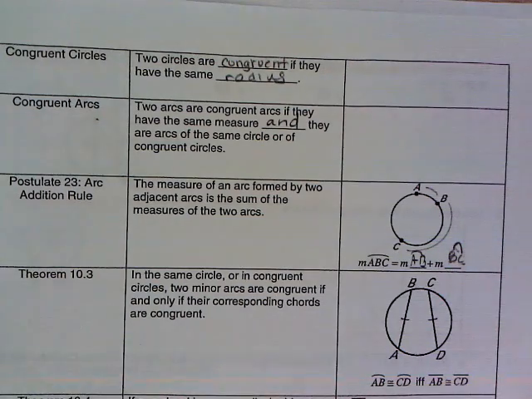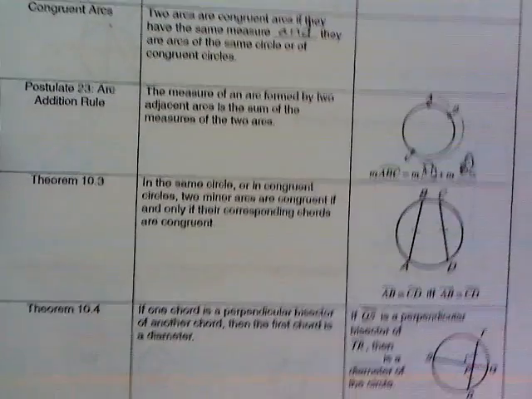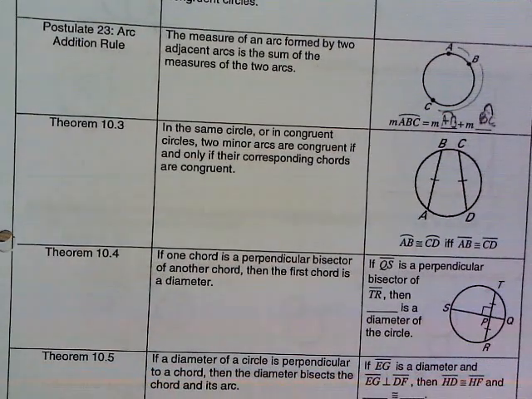All right, now we're just going to talk about some congruents that are formed, and then we're going to start some practice. So 10.3 says that in the same circle or in congruent circles, 2 minor arcs are congruent if and only if their corresponding chords are congruent.